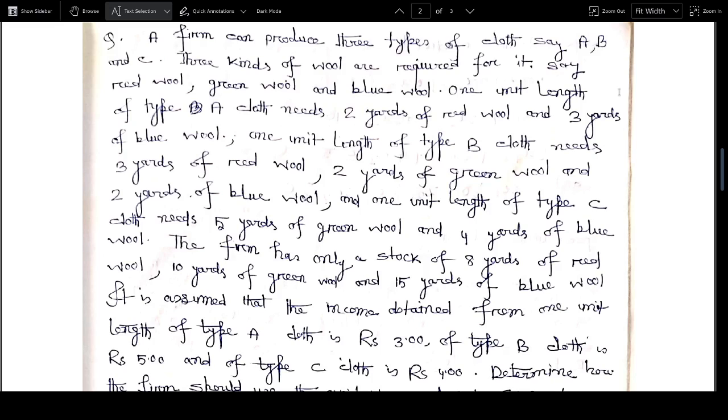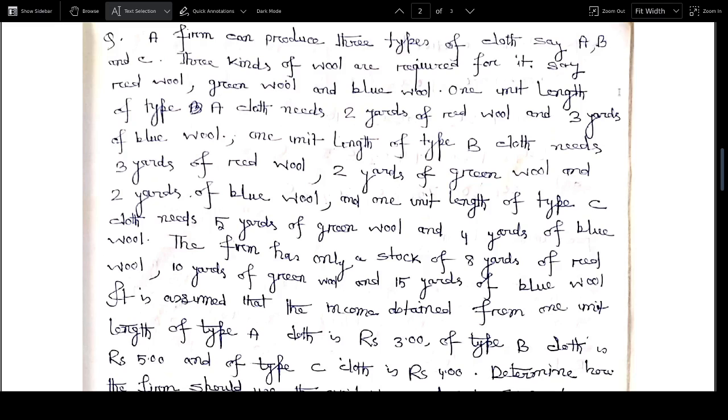And 1 unit length of type B cloth needs 3 yards of red wool, 2 yards of green wool, and 2 yards of blue wool. And 1 unit length of type C cloth needs 5 yards of green wool, 4 yards of blue wool. The farm has only a stock of 8 yards of red wool, 10 yards of green wool, and 15 yards of blue wool.